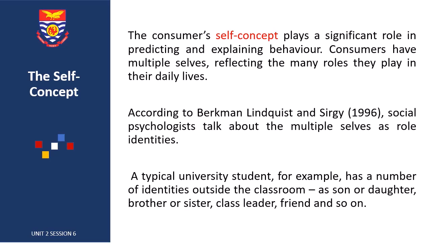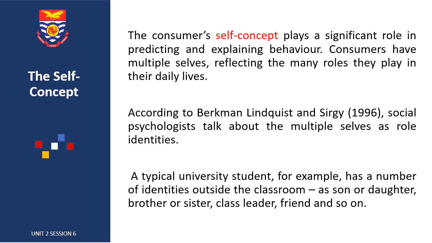According to Beckman, Lindquist, and Sergi, 1996, social psychologists talk about the multiple self as role identity or identities. A typical university student, for example, has a number of identities outside the classroom: as a son or daughter, brother or sister, class leader, friend, and so on.